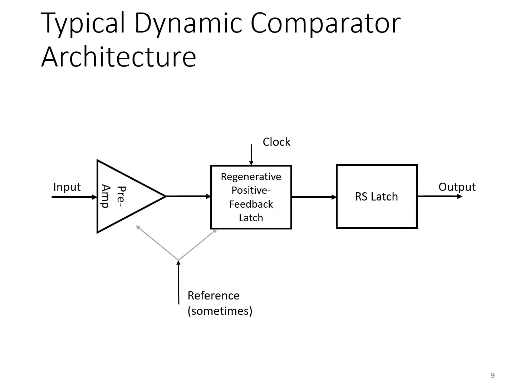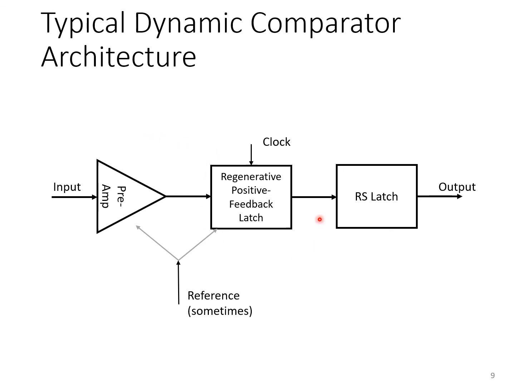So in summary, the overall architecture of our CMOS dynamic comparator is likely to look something like this. An input may be applied to a preamp that helps mitigate kickback of the clock into the input circuits. We saw examples where this preamp was a dynamic amplifier, but it can also be a simple resistively loaded differential pair with a modest gain.